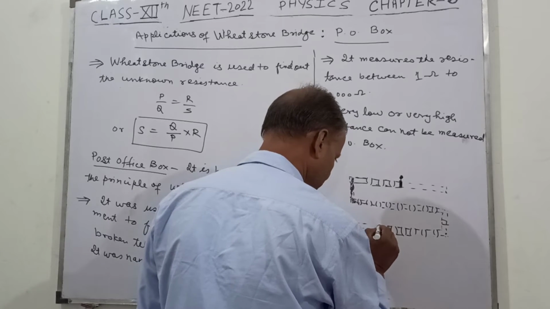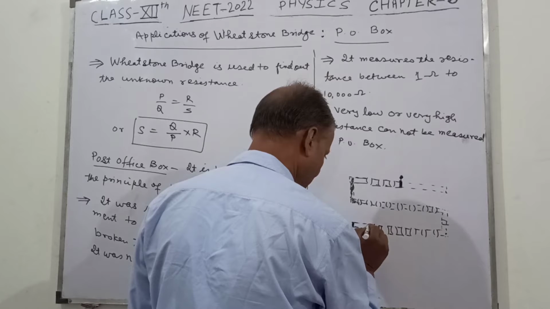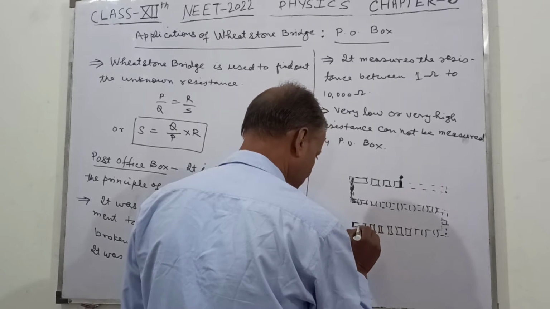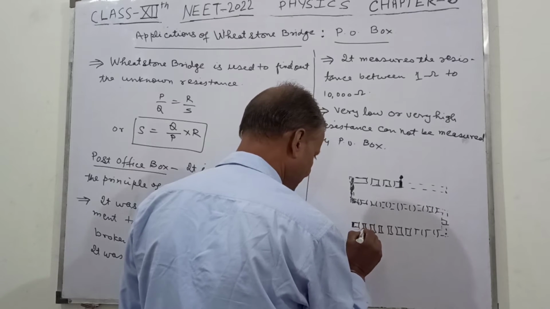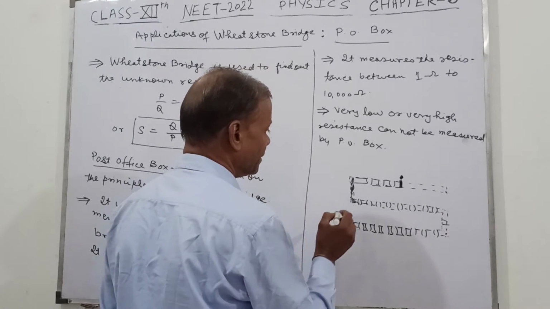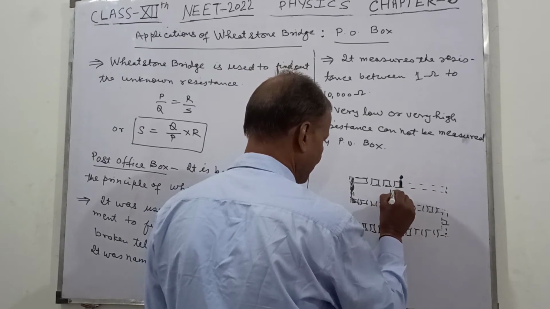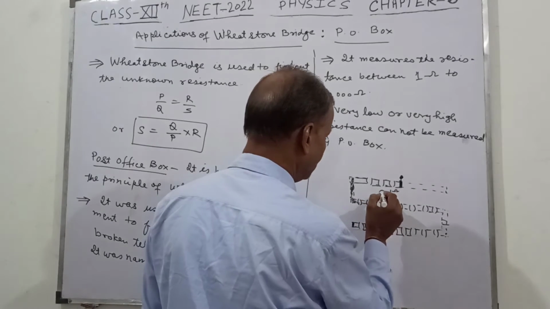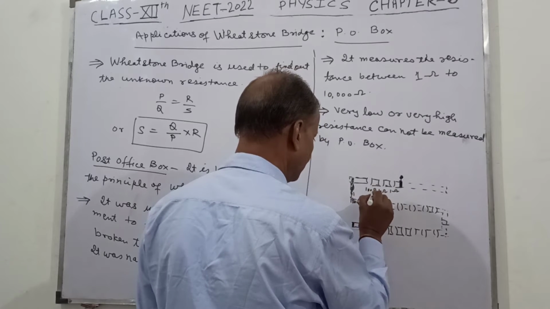I have made a rough diagram of resistances. This is now your 1 ohm, this is your 10 ohm, this is 100 ohm.